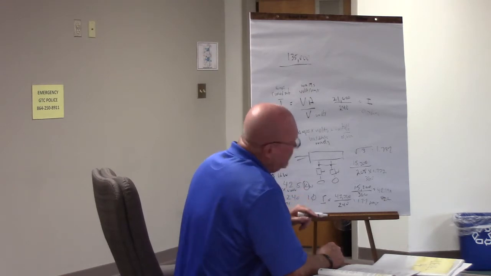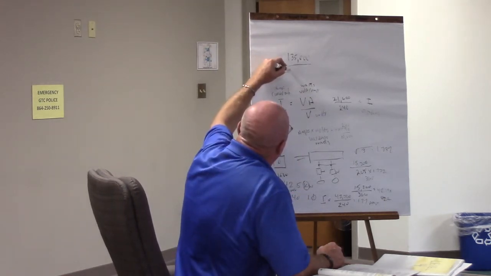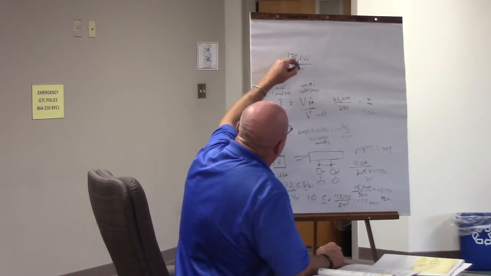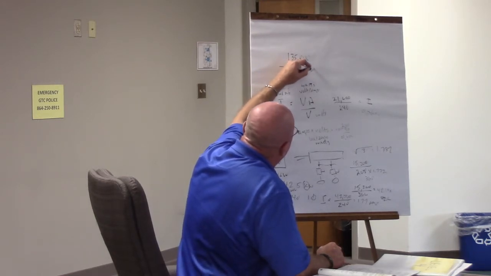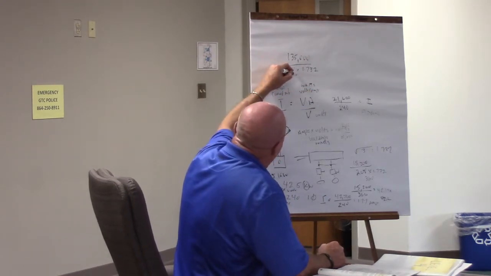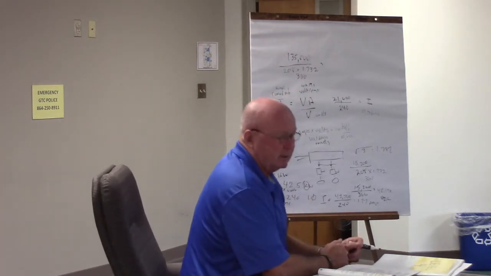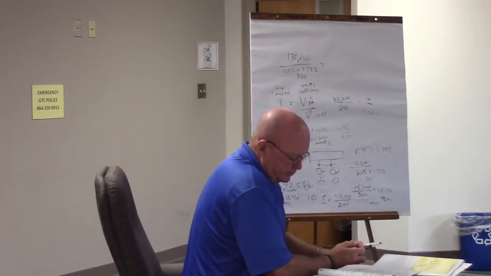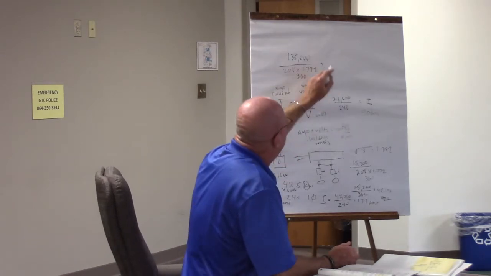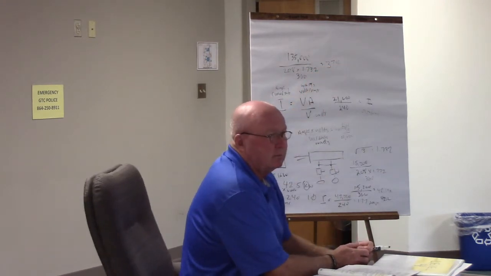We'll divide it by our voltage, which is what? 208 times what? 1.732. Yeah. What we want to do is multiply this out first, which would give us like 360, and then we divide this and see how much we get. Should be 374.72. Yeah. We'll call it 374.